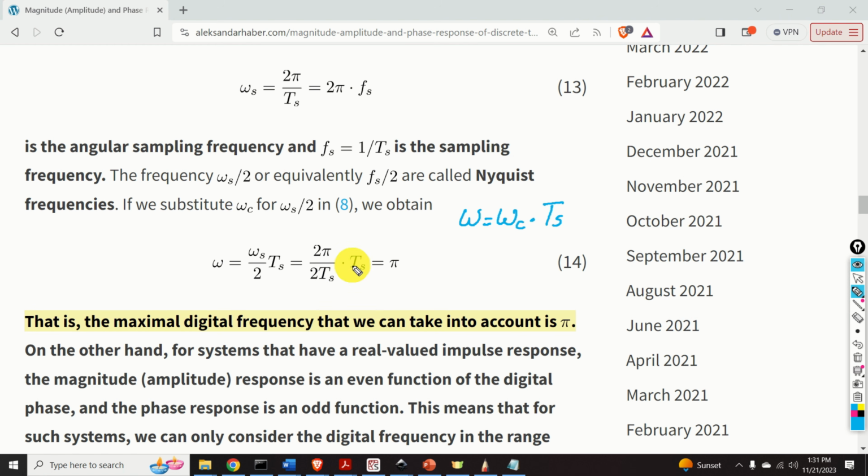Now Ts and Ts can be cancelled and consequently we obtain pi. What is the importance of this equation? Well, from this equation we conclude that the maximum frequency in the continuous time domain that we can analyze, that is omega s over 2, corresponds to the digital frequency omega equal to pi. And this is a very important conclusion.